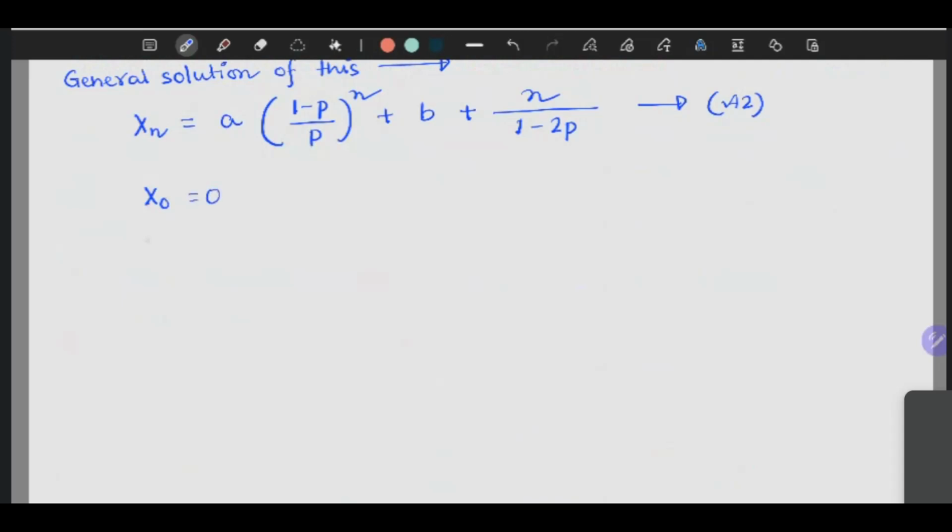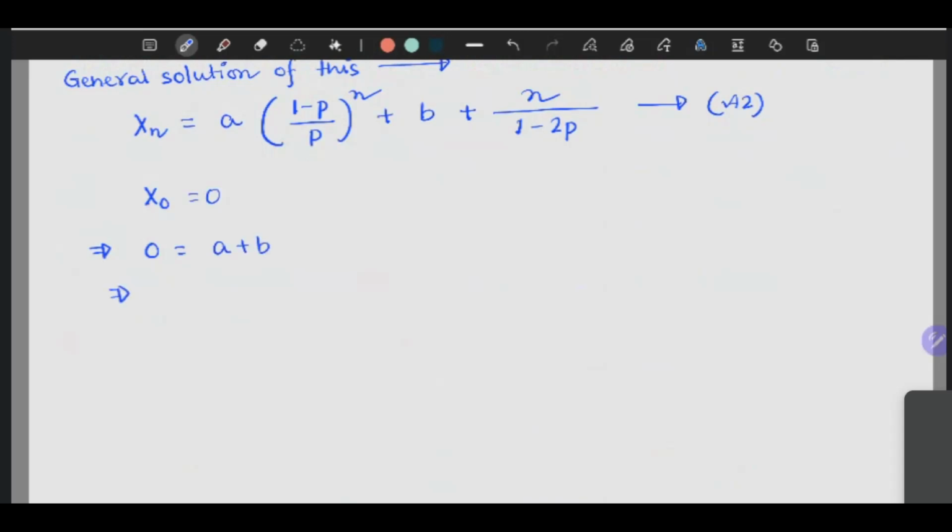Okay, so now if you put this, the first condition is x0 is equal to 0. For n equal to 0, this will be 1 and this will be 0, so 0 is equal to a plus b.